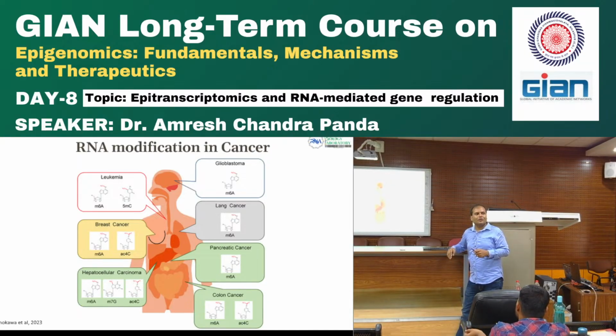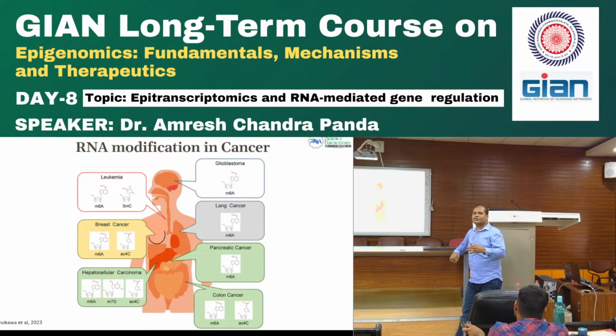Maybe when we have a proper technique or antibody for other modifications, you will see more papers. But for now, if you search for RNA modification, 95% or 99% of papers will tell you about M6A modification, because you have the antibody to study, like do the pull down, do dot blot, and do whatever assay you want to do.